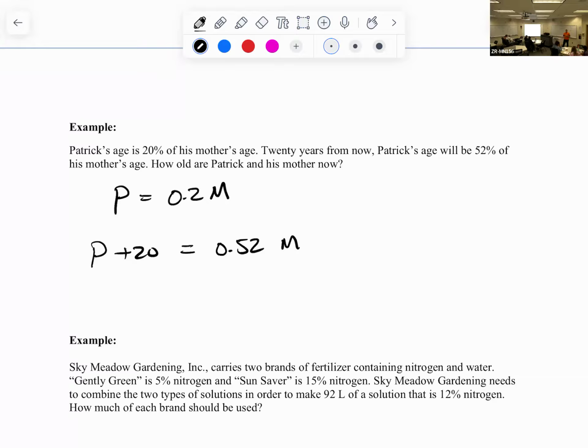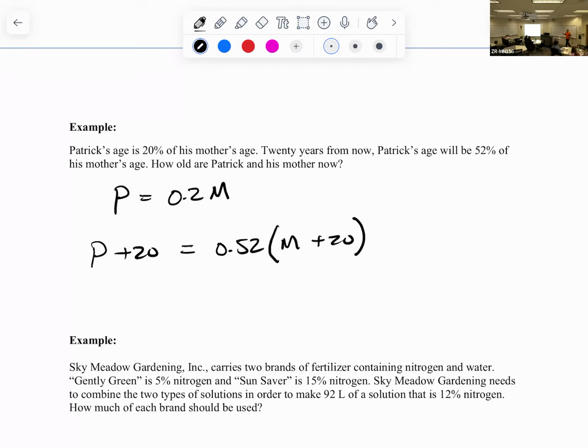Yes. That's it, right? Wait, how old are Patrick and his mother now? So here's the big part. 20 years from now, okay? Patrick, I have plus 20 on him. Does his mother not age? Oh, plus 20. And here's the big part.